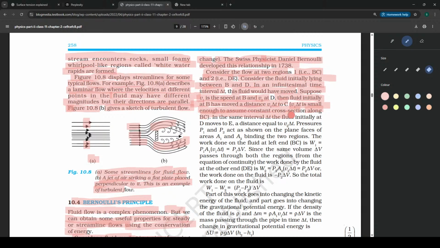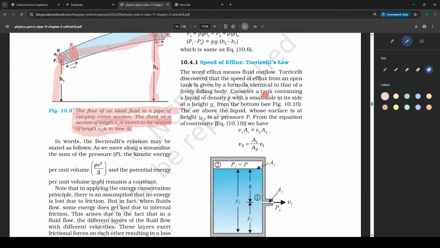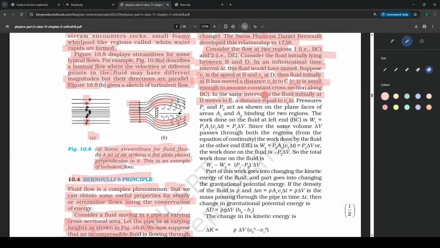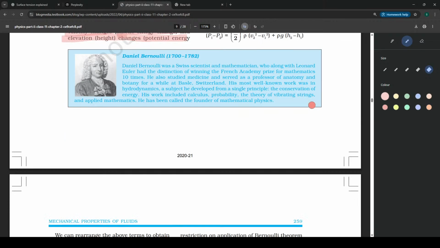In the same interval delta t, the fluid initially at D moves to E, a distance equal to V2 delta t. Pressures P1 and P2 act as shown on plane faces of areas A1 and A2, binding the two regions.